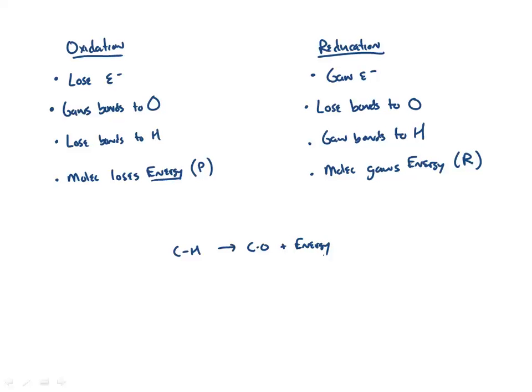Or conversely, if I do that reaction in the reverse order, every time I take a carbon-oxygen bond and reduce it to a carbon-hydrogen bond, then I'm storing energy in that bond. And so really this reaction goes both ways, right? In this direction, I'm doing an oxidation, and if I reverse the way I wrote it, I'd be writing a reduction.